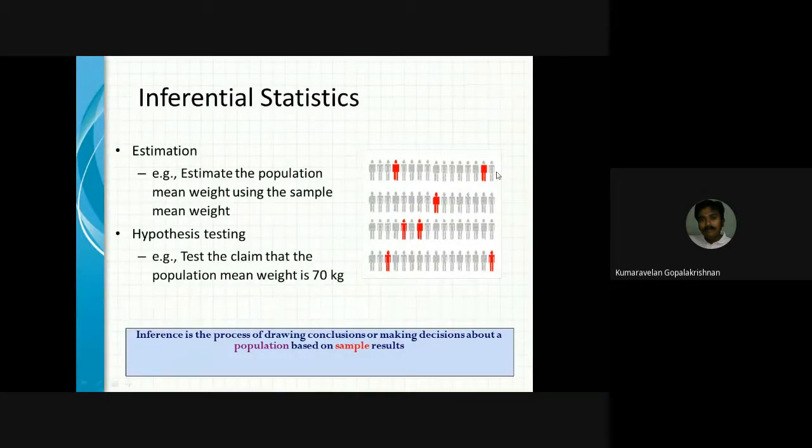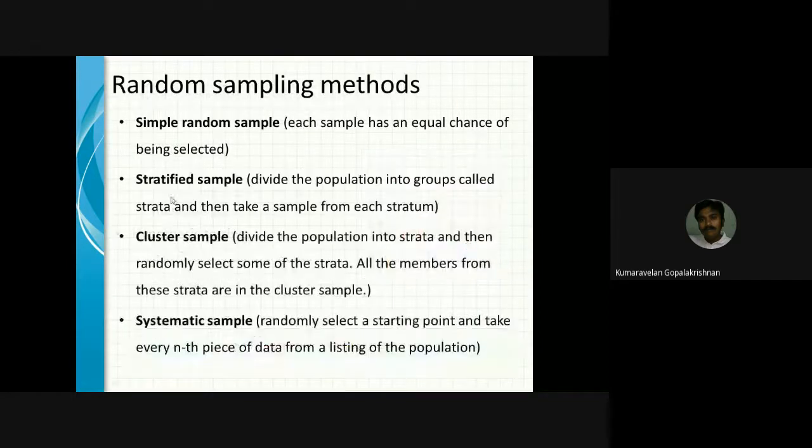This is stratum number 1, 2, 3, 4. Four strata I found. From each stratum, I'm going to select some sample points. From the first stratum, I'm going to take 2 samples. From the second, 1. From the third, 2, and from the fourth, 2. This is called stratified sample.